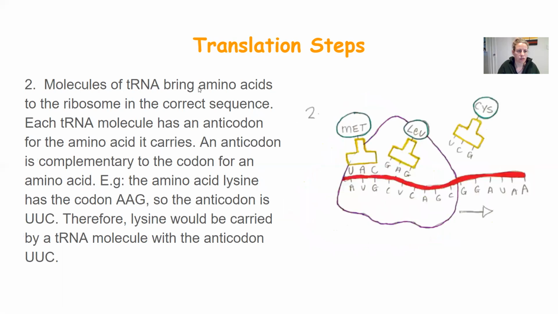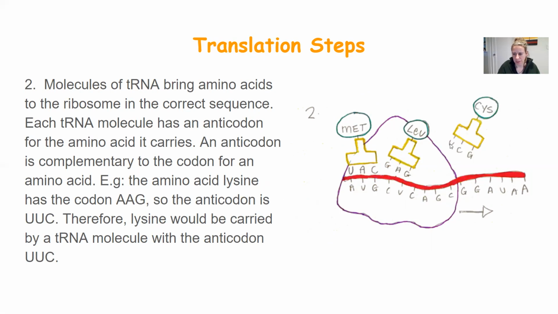Step two. Molecules of tRNA bring the amino acids to the ribosome in the correct sequence according to the mRNA. Each tRNA molecule has an anticodon, and the anticodon is these three bases here. An anticodon is complementary to a codon for an amino acid.